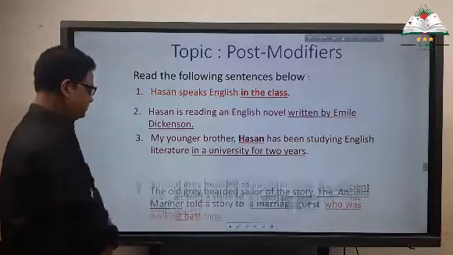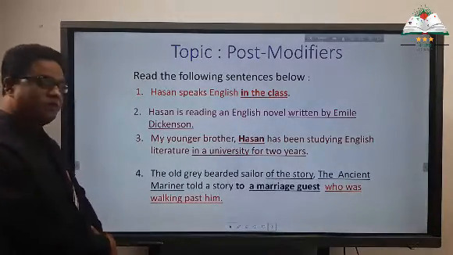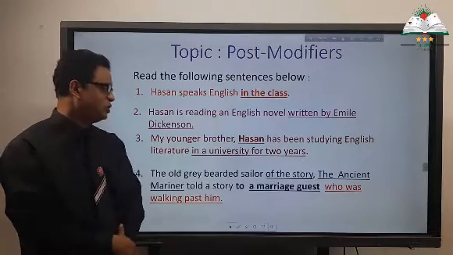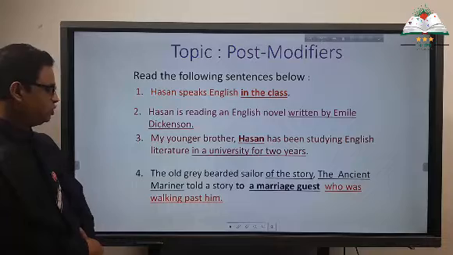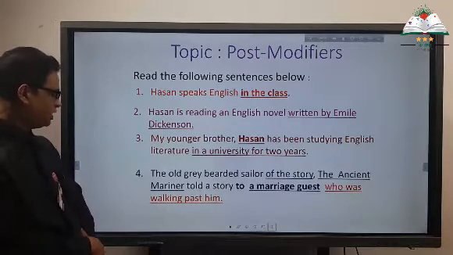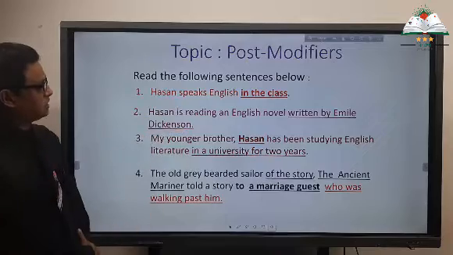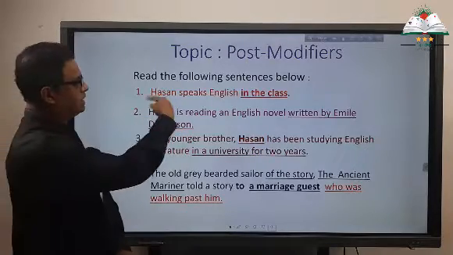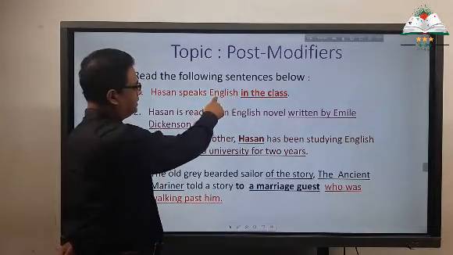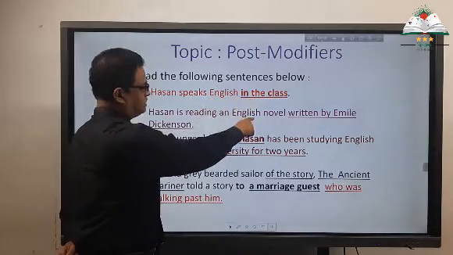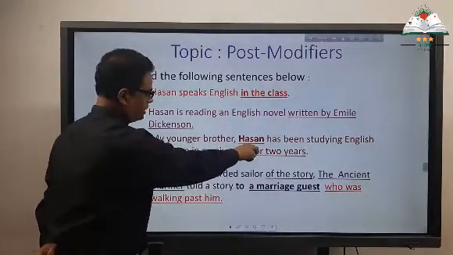And the longest sentence goes this way: the old grey-bearded sailor of the story, the ancient mariner, told our story to a marriage guest who was walking past him. So all the underlined words have been used after noun. You see, dear student, noun and then the underlined words.